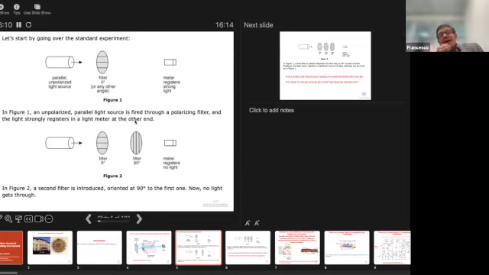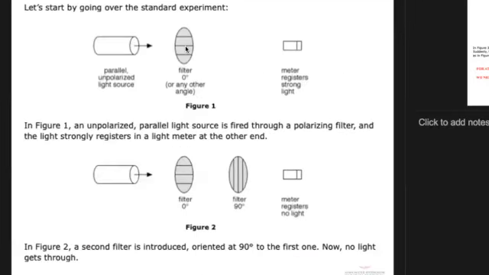This again is from high school physics probably. Let's take a filter, and then we have unpolarized light. The unpolarized light goes through a filter, and then we have equipment, and we detect the light at the end.